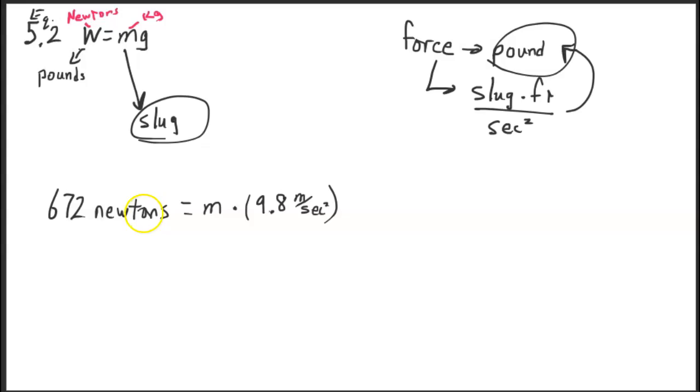We figured out that newtons was metric, and it referred to the weight. And so that led us to put newtons in the place of weight in our basic equation here. We're trying to find the mass, so we have an m. The acceleration due to gravity we write in terms of metric, 9.8 meters per second squared.